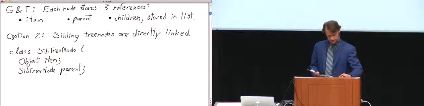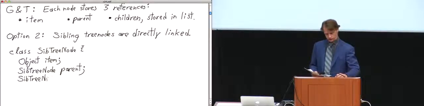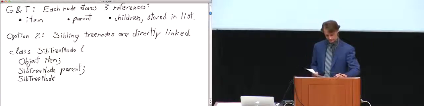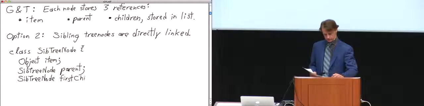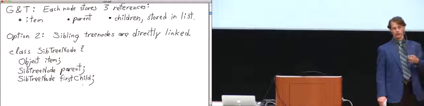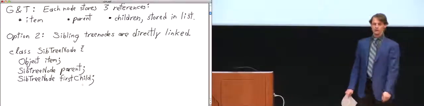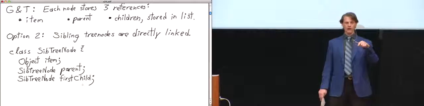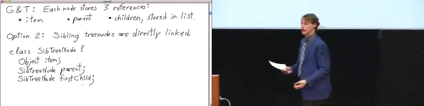And so each tree node is going to have a reference to its first child, or the leftmost child. But only one. You have a reference to one of your children, but not the others. If you want to find your other children, you need to go to your first child and then walk through the sibling pointers.